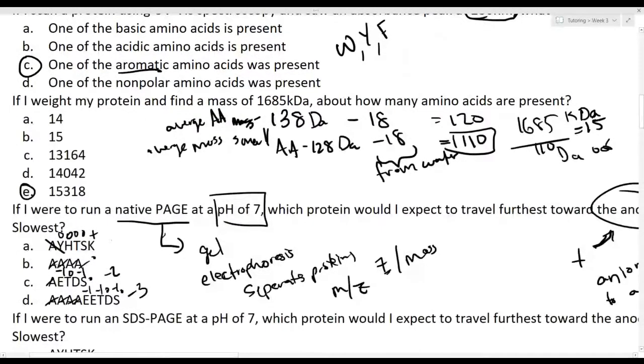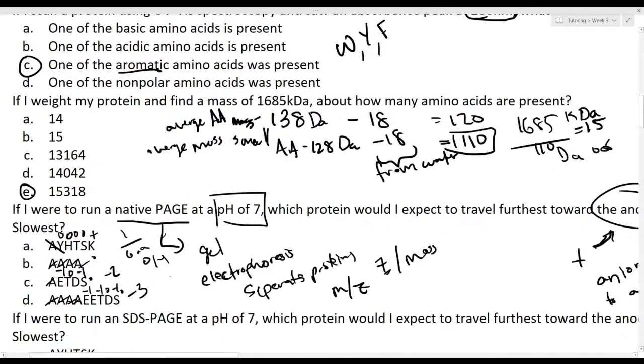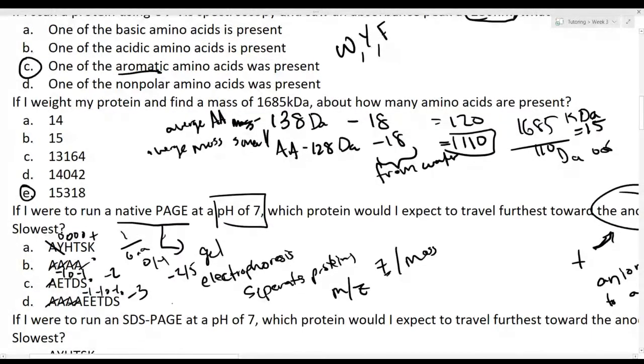Okay. So overall, our charge to mass ratio is 1 to 6 amino acids, which we could multiply by their masses to get the actual, but we don't need to in this case. For B, it's 0 over 4, or just 0. C is -2 over 5, and D is -3 over 9.